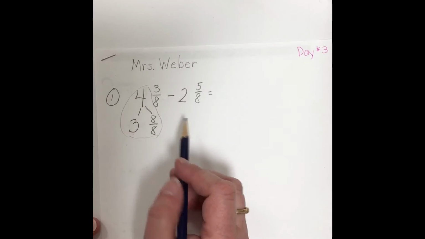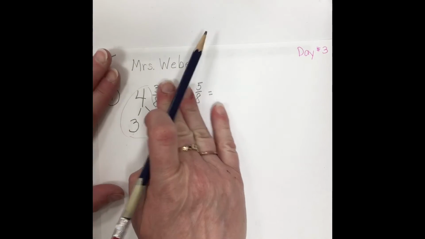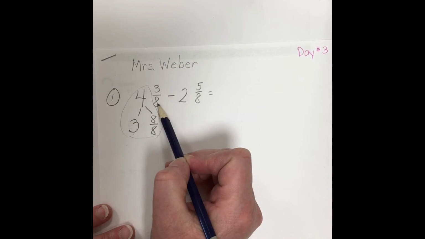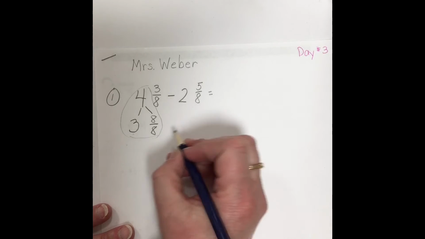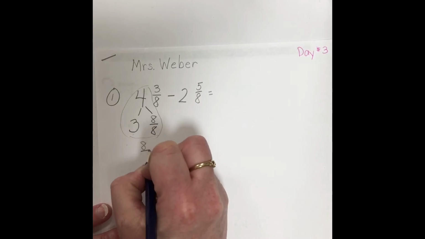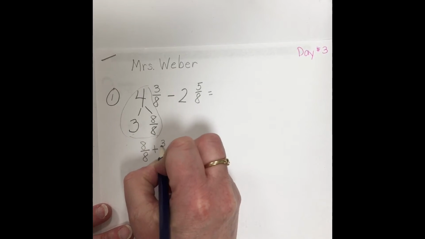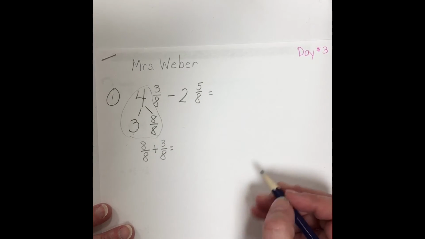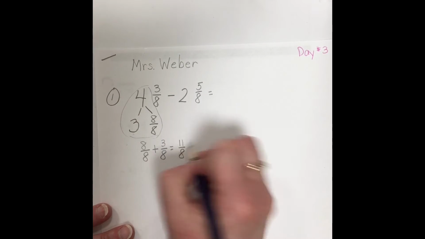Now, it's not just 4 though. It's 4 3/8. So I have to take my 8/8 and add in the 3/8. When I do that, I get 11/8.